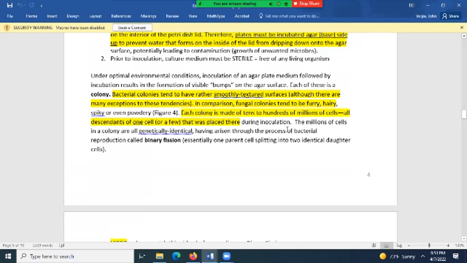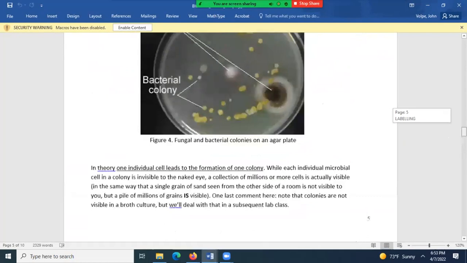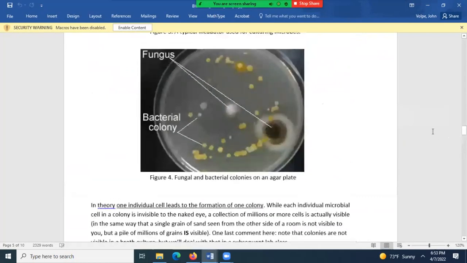Each colony is made from 1 million to hundreds of millions of cells. When we first put the bacteria on the plate, this colony may have started from a single cell. It may have started from a clump of cells, but it may have started from a single cell.